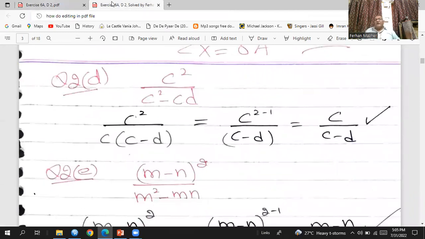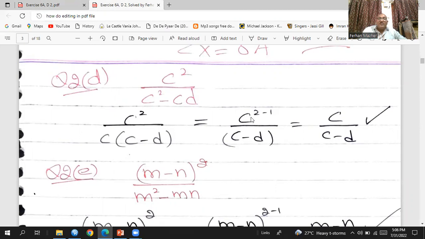c square divided by, in the denominator you have c square minus cd. So c square in the numerator will remain as it is, and from the denominator we will take the c common. So in the bracket in the denominator you will be left with the c minus d, and that c which you have taken common can be cancelled with this c square.